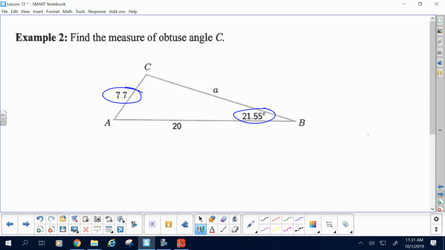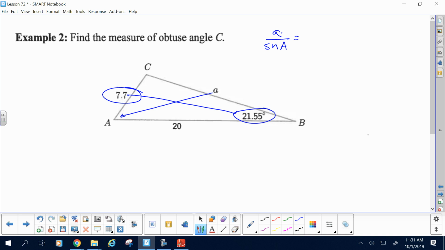Now give me the ratios. Give me one ratio, Katie. A over sine of angle A. All right, that's cool.